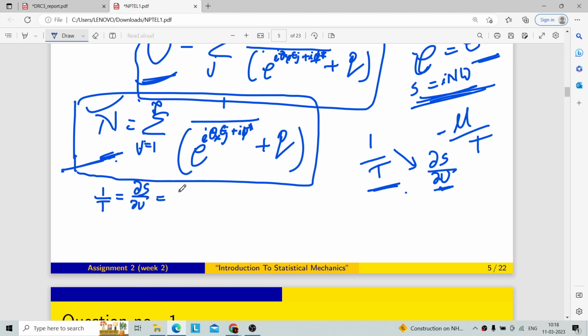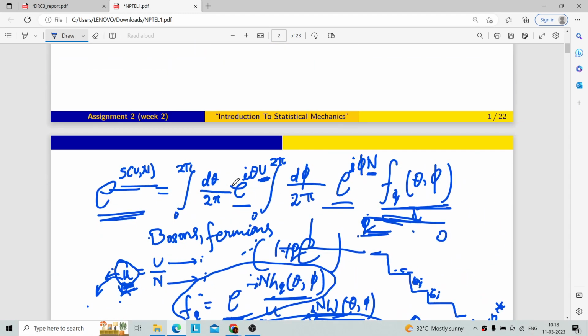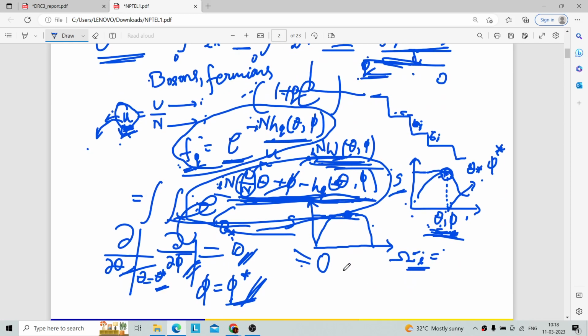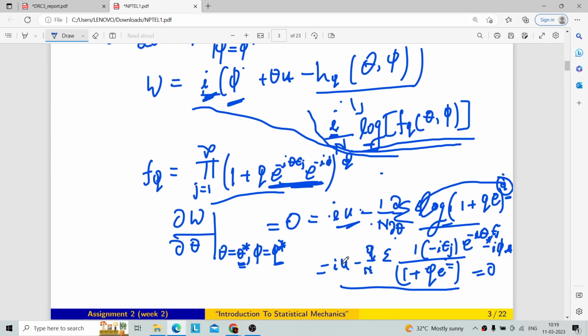So del s is nothing but this I, n and w, and you have to do the derivative with respect to u now. Initially we had this form where this w contains u and this h function. This h function we have defined as log of this f theta, and f theta is also of this form. So you can do the derivative with respect to u.